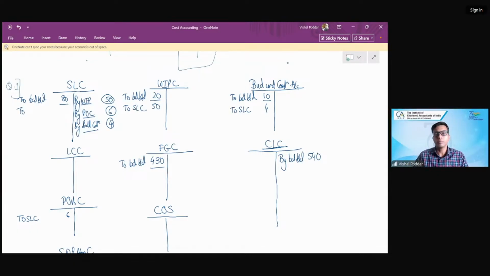Second, many times students do not like this topic because their end answers do not match. But the reason for the end answer not matching is that when you are making these postings, many times you miss posting the second effect. And whenever you are not correctly posting the second effect of all transactions, you will also agree that it will not match. So that is where you have to be careful.